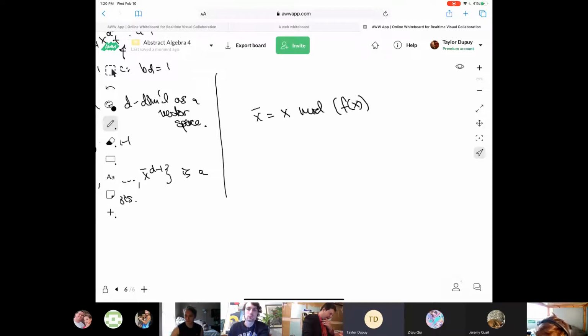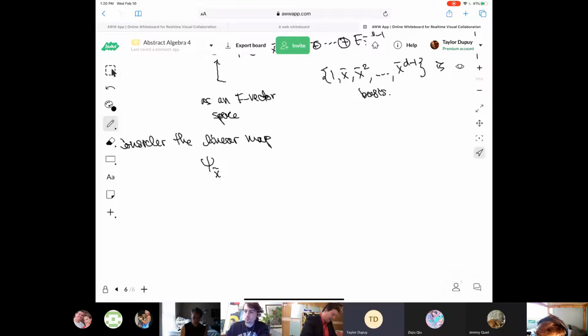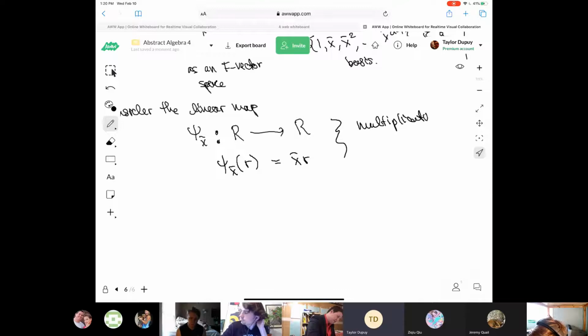So it's the residue class, an element of the ring R. We're going to define a linear map psi from R to R, defined by psi of x bar applied to any element r is just x times r. So this is just the multiplication by x bar map.